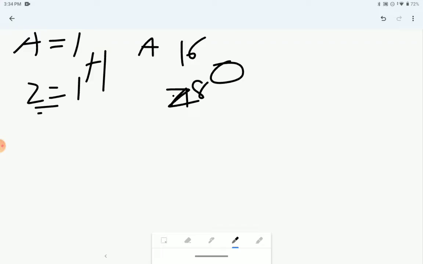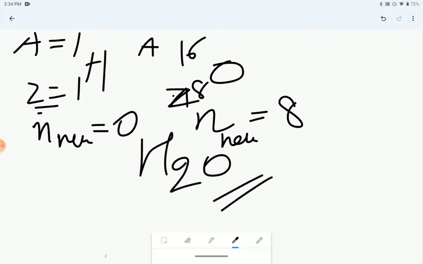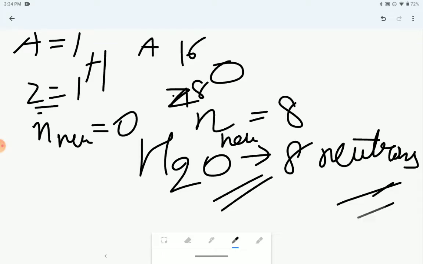For hydrogen, number of neutrons comes out to be 0 because 1 minus 1, and for oxygen, number of neutrons is 16 minus 8, A minus Z, which comes out to be 8. So for H2O, totally 8 neutrons are present, right?